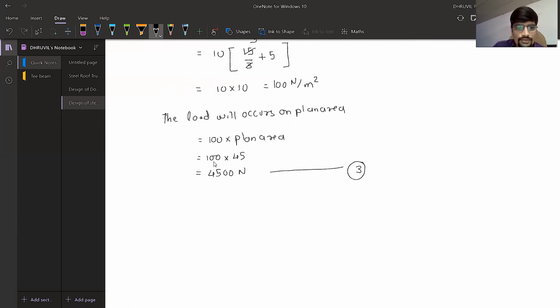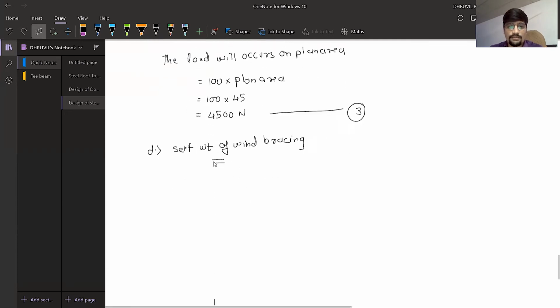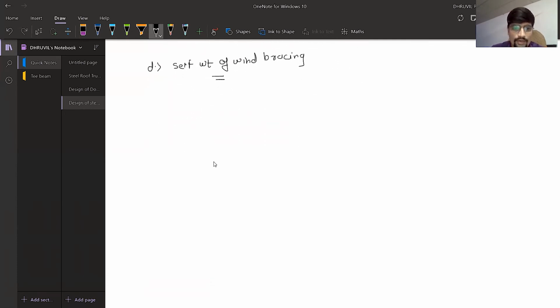Now the fourth portion, the last one: self weight of wind bracing. Now where are the wind bracings used? Let me help you understand with a figure I am drawing. If this is the roof truss, the length of the roof truss is like this.